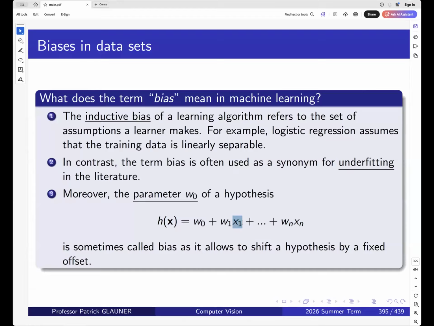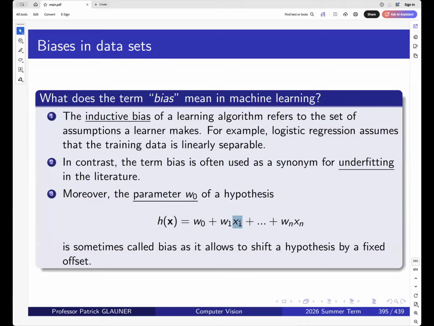So we take input x1, multiplied with weight w1 from the model, and we do this up to weight wn and element xn in that vector. So in bold, we have multiple elements, x1 through xn, but we also have our entry w0, which is multiplied by 1.